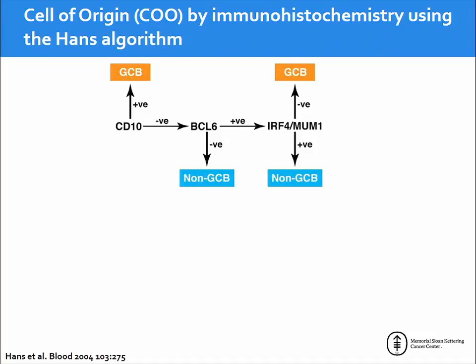It's germinal center. If you're CD10 negative but BCL6 negative, you're done. It's activated B cell. If you're CD10 negative, BCL6 positive, then it's all about MUM1. If MUM1 is positive, it's activated B cell or non-germinal center. And if it's MUM1 negative, it's then germinal center B cell.